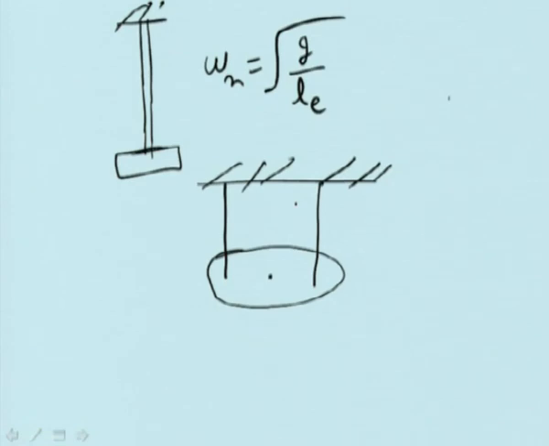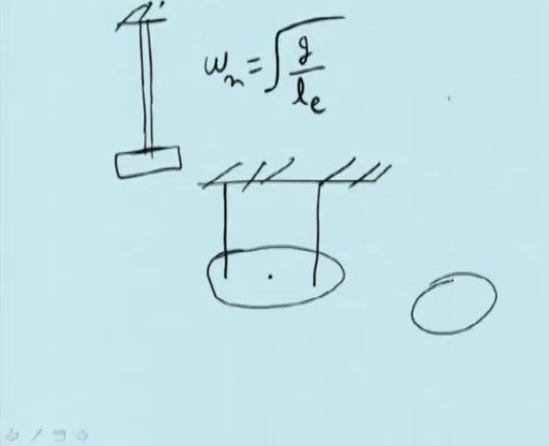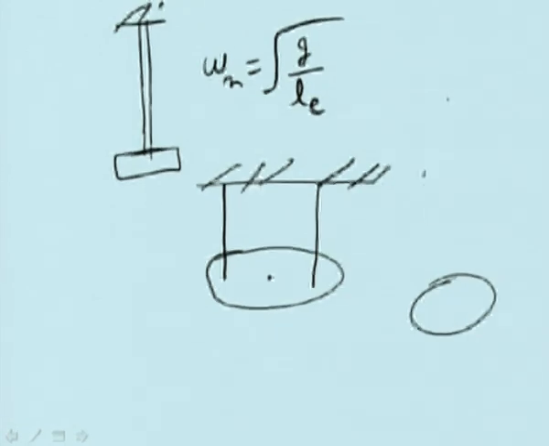Now in the next lecture we will discuss more about the vibration of rigid bodies. We will first start our discussion with a trifilar suspension, where there is the same disc, but it is now fixed from a ceiling by three strings.